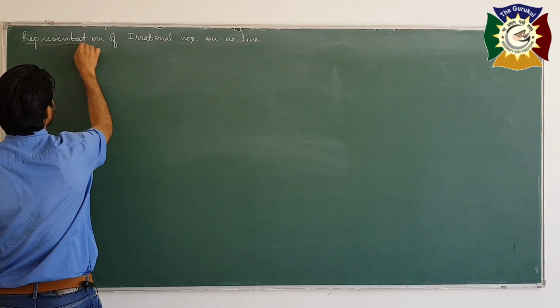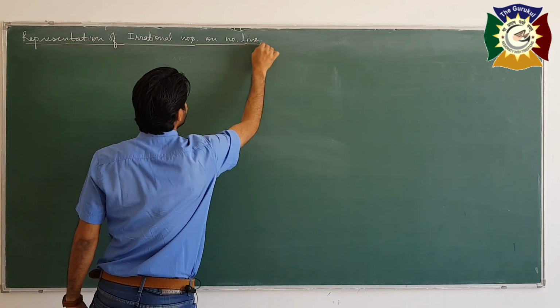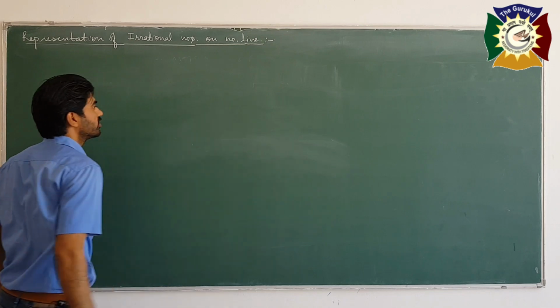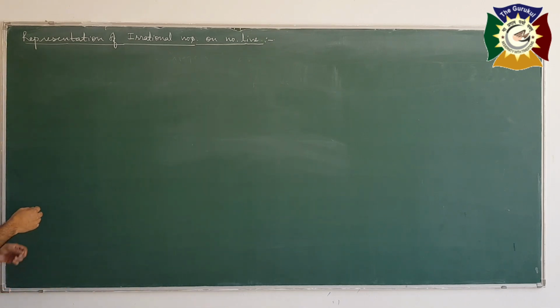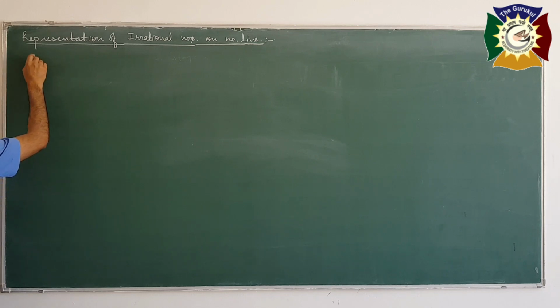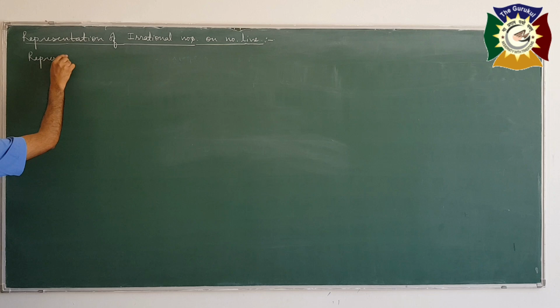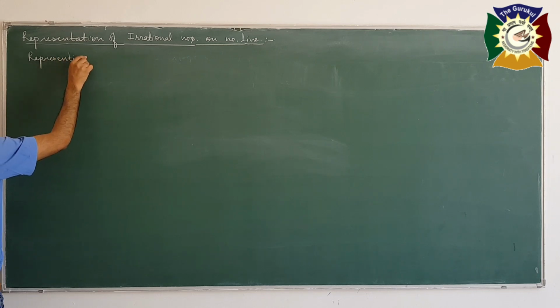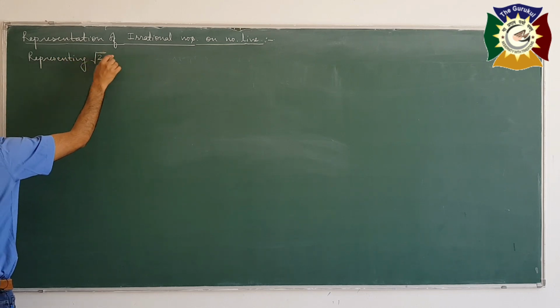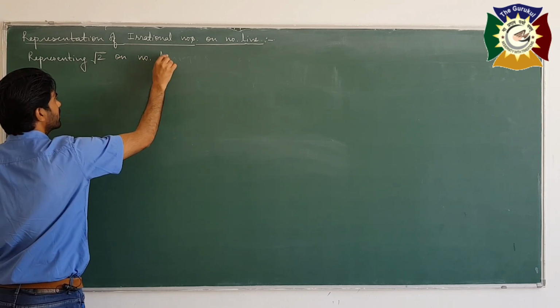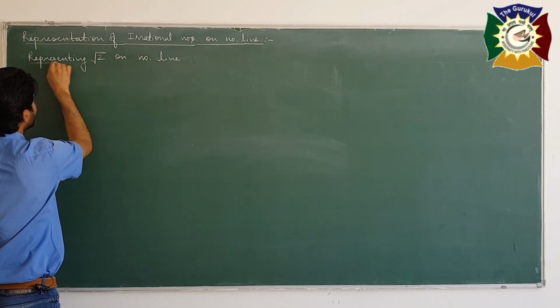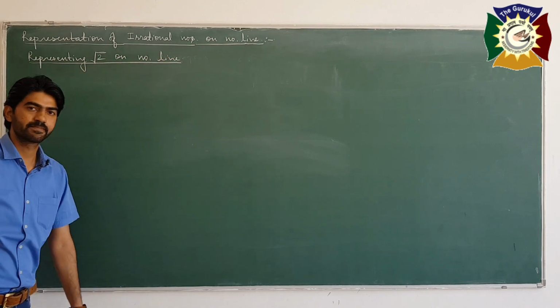So I want to represent irrational numbers on number line. For that we will follow a method. So first I am taking a number, root 2, representing root 2 on number line. Then how can I represent root 2 on number line?